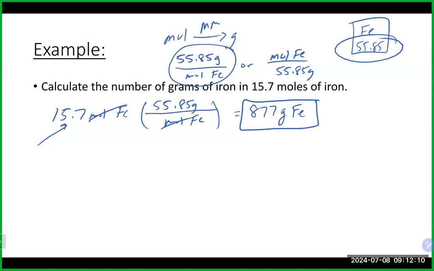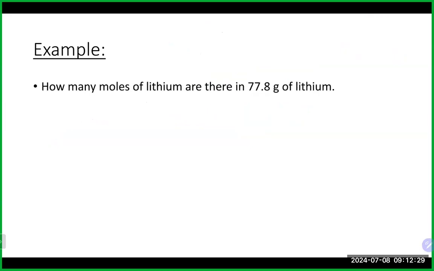Sig fig wise, we would look at the original number, which has 3, and round it off to 3 significant figures. Any questions on that there? Again, this is the way you should show the calculation: dimensional analysis, a conversion factor type of situation.